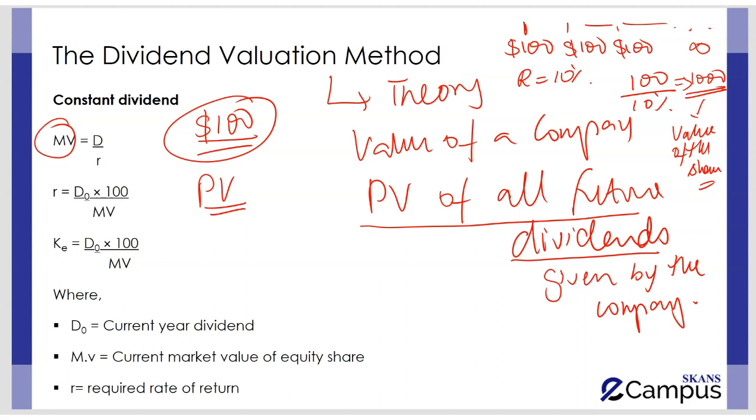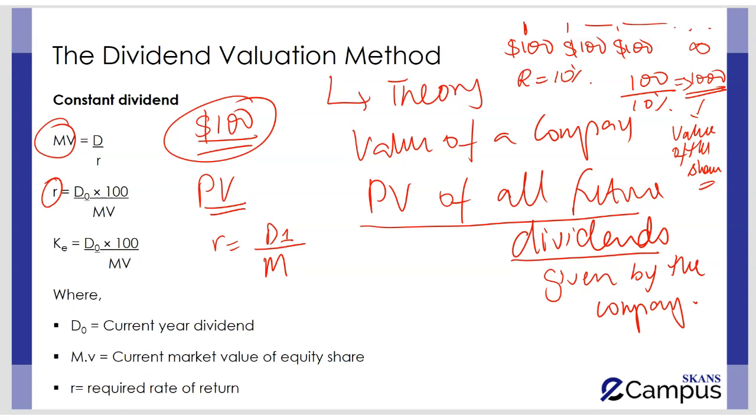Now we use the same method, but rather than making market value the subject, we are now making the rate of return of equity the subject, and we write R is equal to D over M. Now remember, this D is the dividend in the first year.